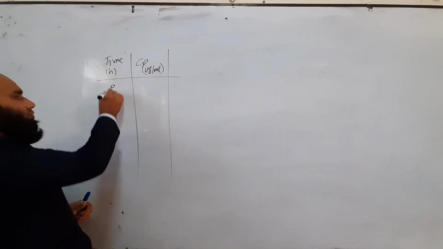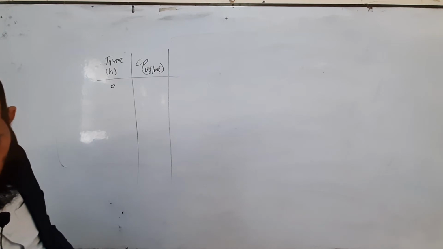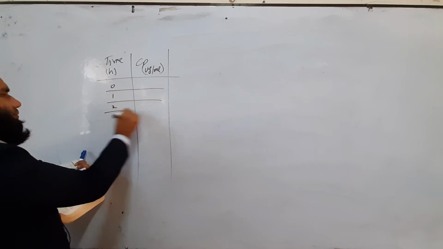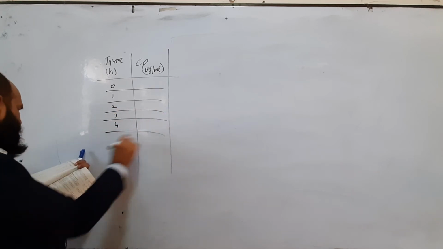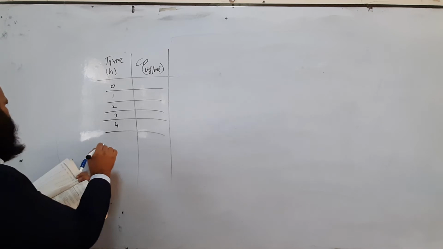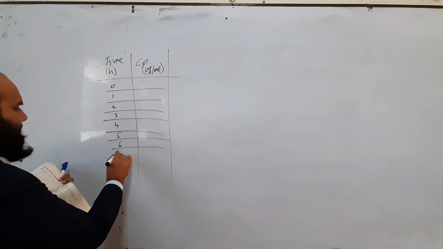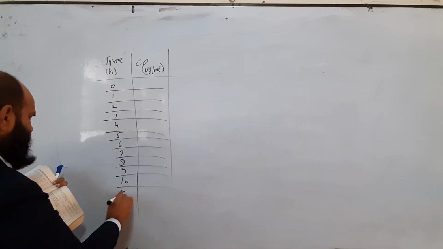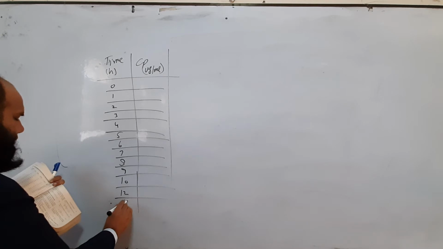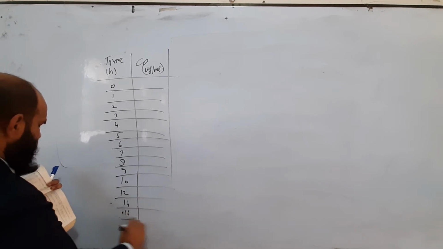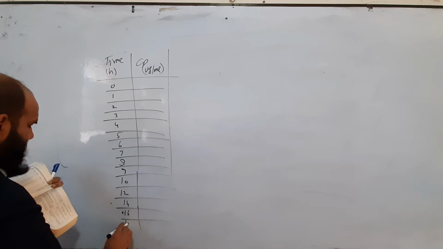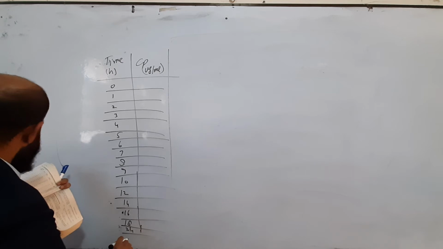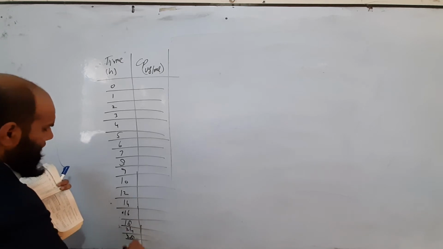So I will write here 0, 1, 2, 3, 4, 5, 6, 7, 8, 9, 10, then 12, 14, 16, 18, 24, 28, and so on.